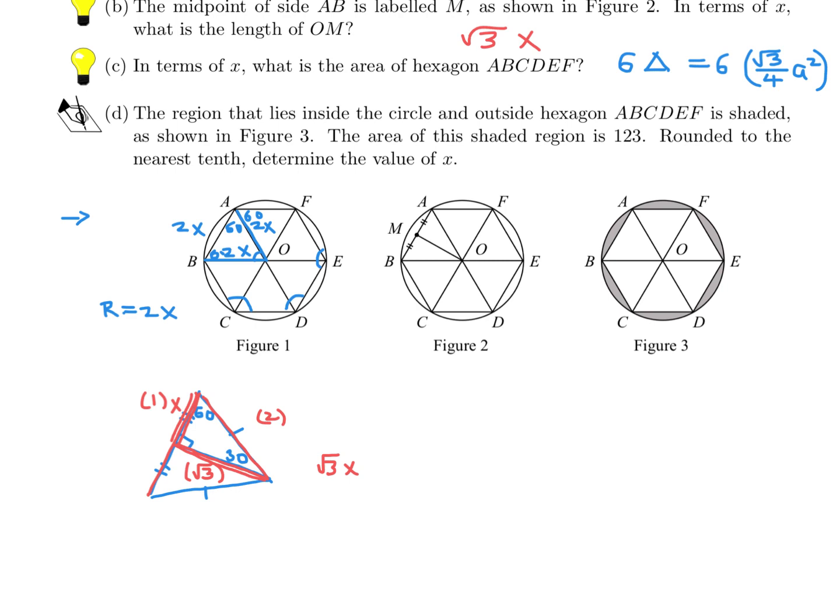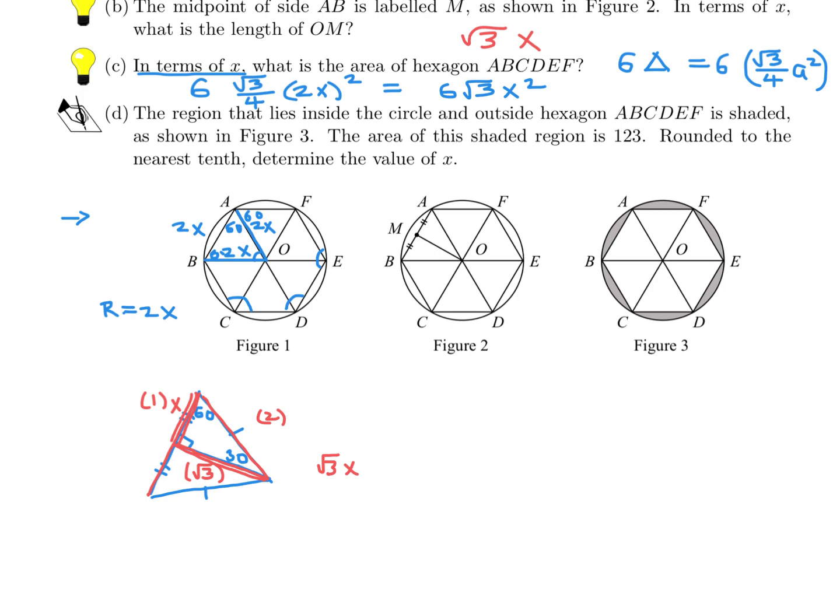So if you plug in, what is the length of the side? 2x, right? So you plug 2x in there, and you get the 6, because there's 6 of them. And then the area is root 3 over 4, 2x all squared. And then when you crunch out these numbers, you will get 6 root 3 x squared. Because they want it in terms of x, right? Because we don't know the value of x.